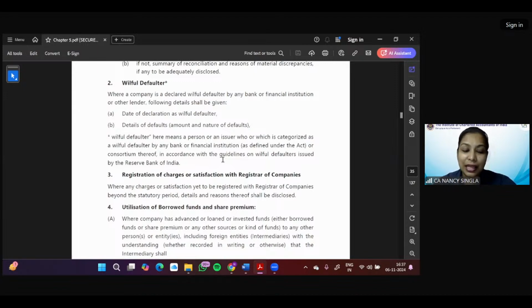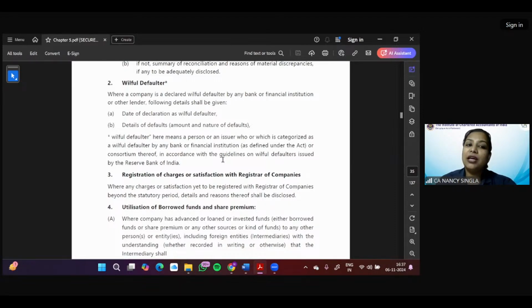If such information is there, this is going to have an impact on the image of the company. So where a company is declared as a willful defaulter by a bank or a financial institution or other lender, first of all, who is a willful defaulter? One who purposefully or willingly is not making payments to the bank.